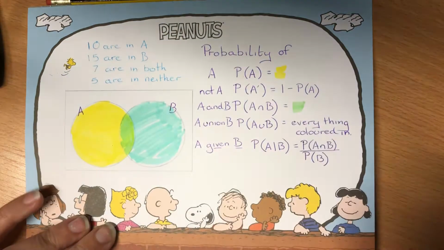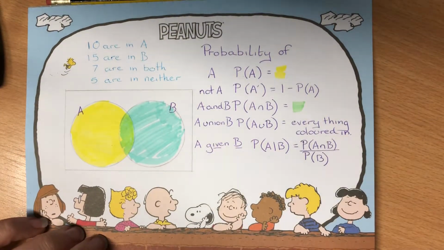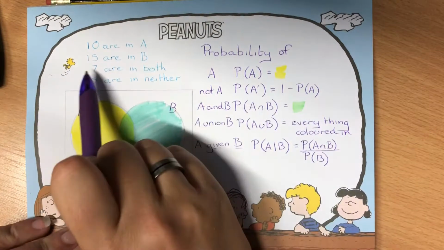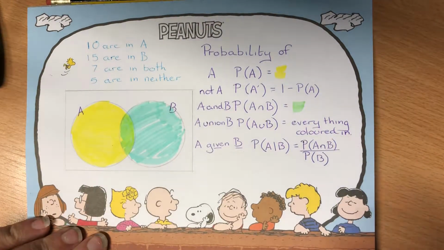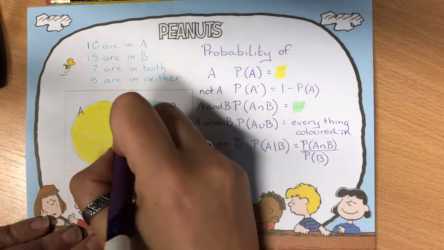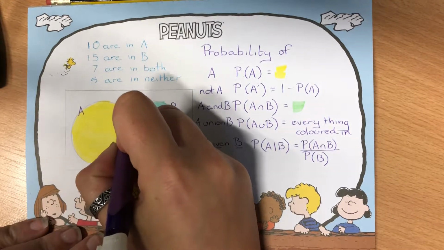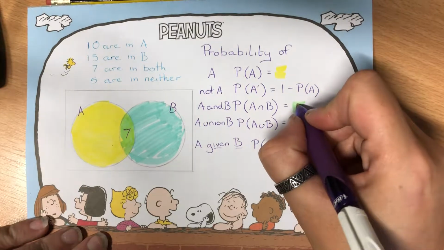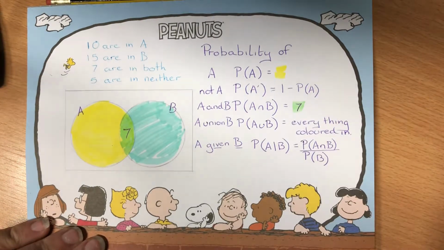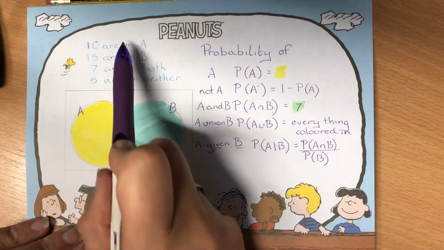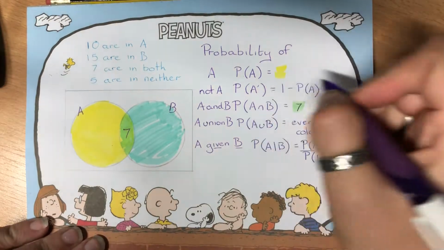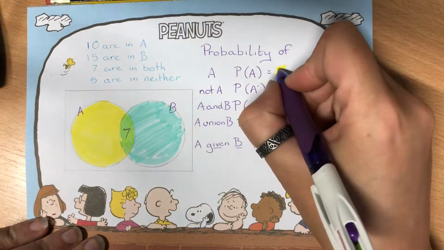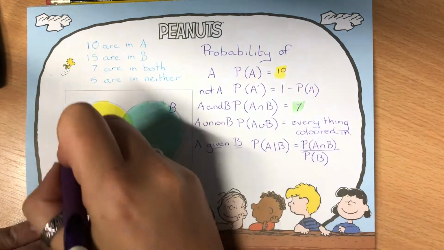So if we were filling that in, the 7 that are in both would go in here because they're in both, and that is the probability of A and B. We know that there are 10 that are in A, so we deal with the 10.